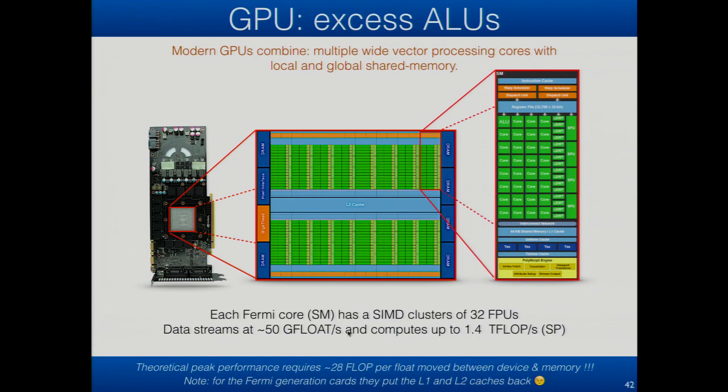If you want to keep that rate of 1.4 teraflops and keep transferring, how much bandwidth would you need? I'm talking about on-device stuff, so I'm not even talking about the host. Everything's on the device. And you can just scale up 28 by, if you wanted to do just 10 floating point operations or 5 floating point operations per load store, you would just multiply by that ratio, right?